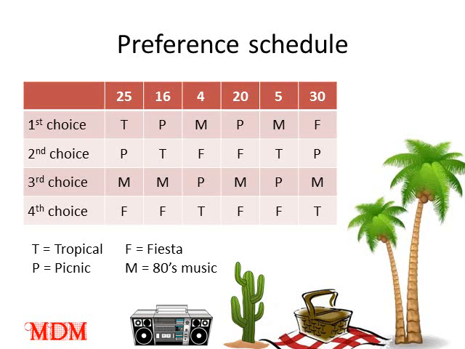Furthermore, we can tell that picnic didn't show up at all for anyone's fourth choice. So we could determine that picnic is the least unfavorite of all of the choices. It's clear that the preference schedule really does give much more information about voters' opinions than a more traditional pick-your-favorite-option style vote.